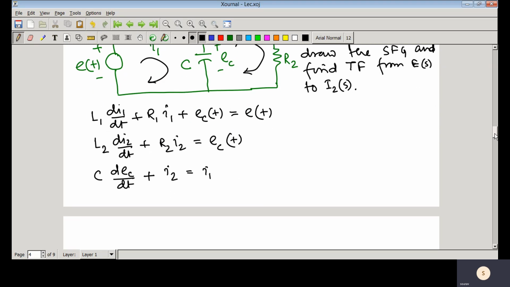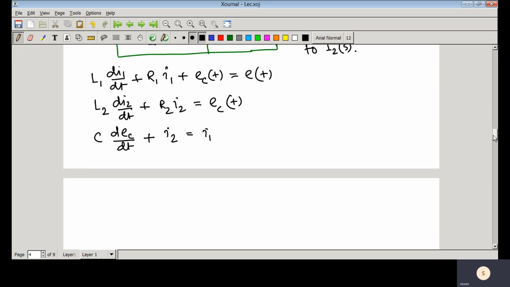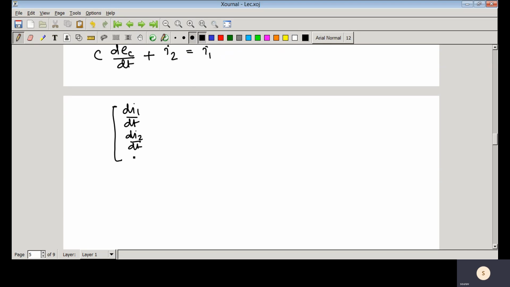Then you can write these three differential equations in state space form, because these three are linearly independent equations. And if you write it in state space form, what you get is di1/dt, di2/dt, and dEC/dt.